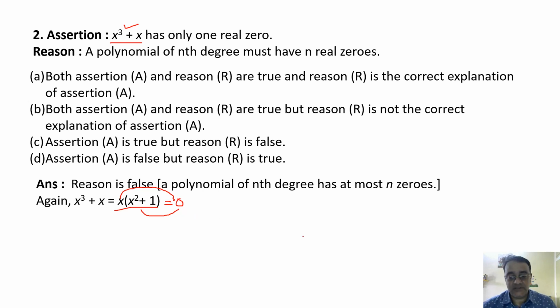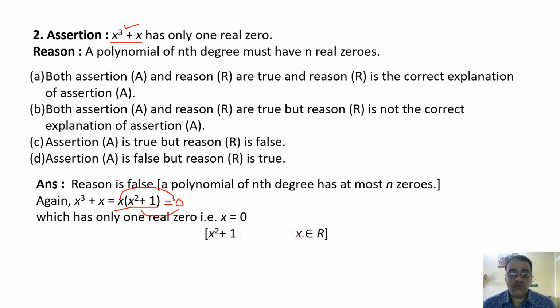Why is x square plus 1 equals to 0 not possible? Because x square will come, x square is equals to minus 1, and we know that the square of all real numbers must be positive. It is always positive. So it has only one real zero, that is x is equals to 0.